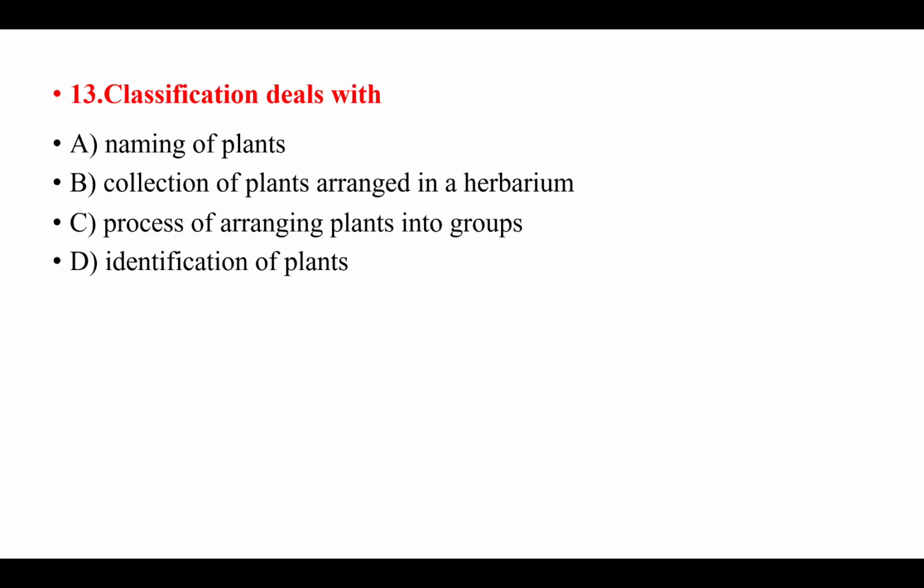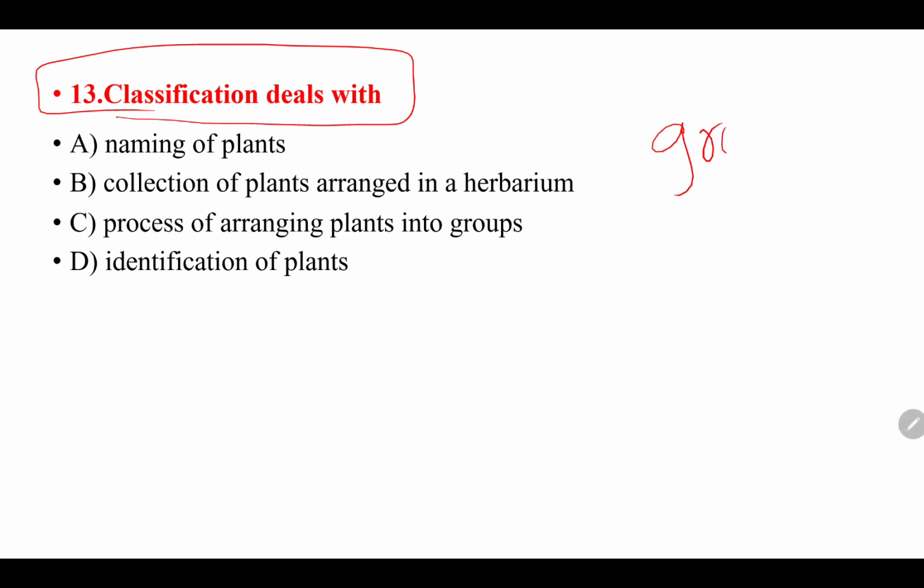Next, classification deals with naming of plants, collection of plants arranged in a herbarium, process of arranging plants into groups, identification of plants. See, classification is nothing else but grouping. It may be plant or it may be animal.